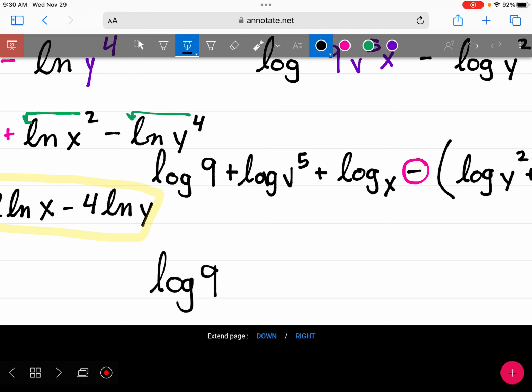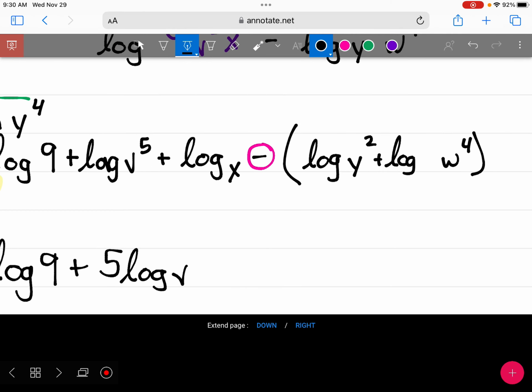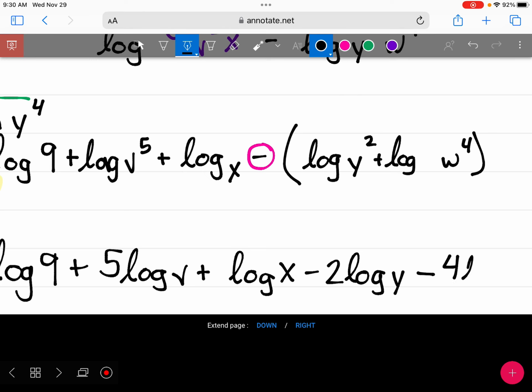log of 9 plus 5 log of v plus log of x minus 2 log y minus 4 log w.